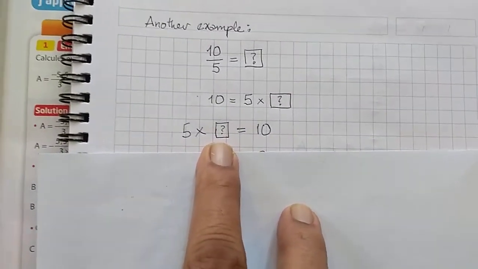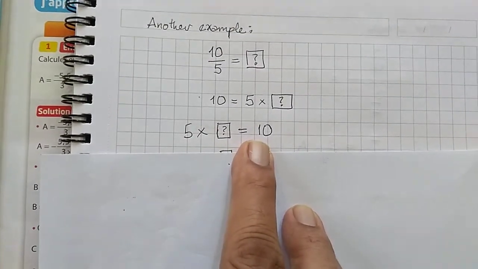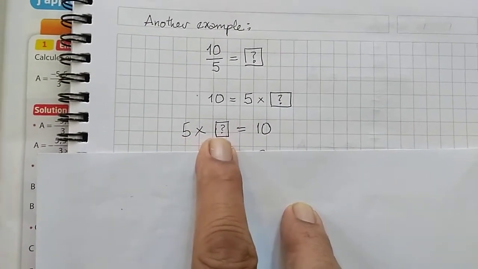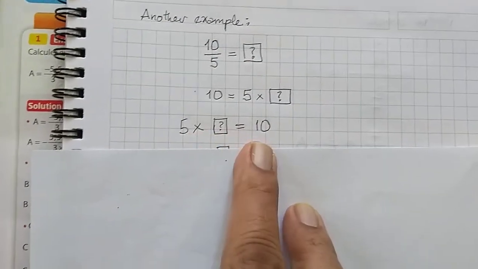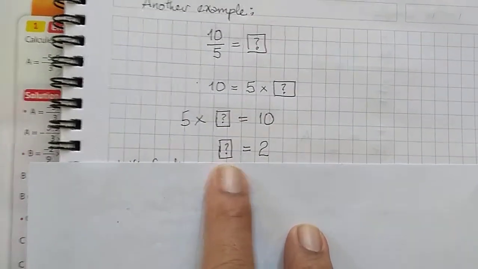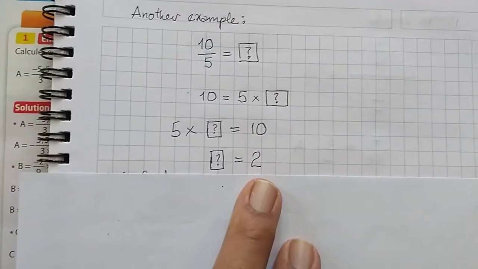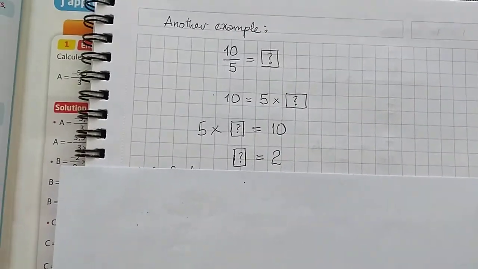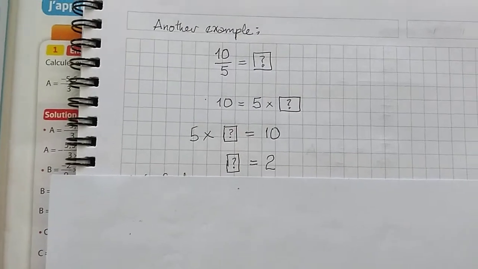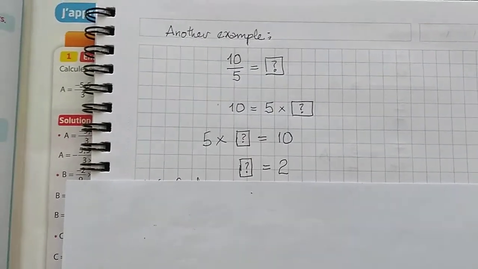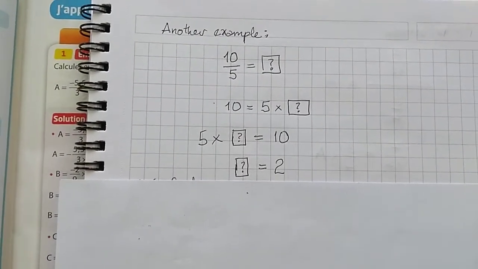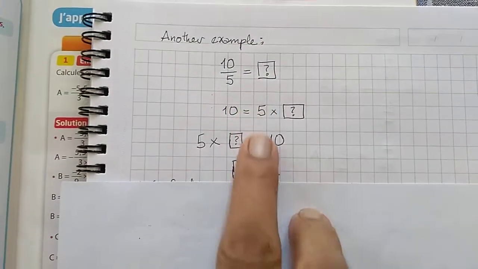Now what value can I put in here to get 10? We all know if you put 2 you'll get 10. 5 into 2 is equal to 10. So therefore question box is equal to 2. Okay. So this is the concept of division, because it is the so-called opposite of multiplication, and that is what we have done here.